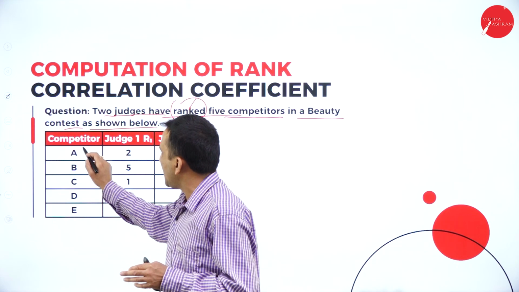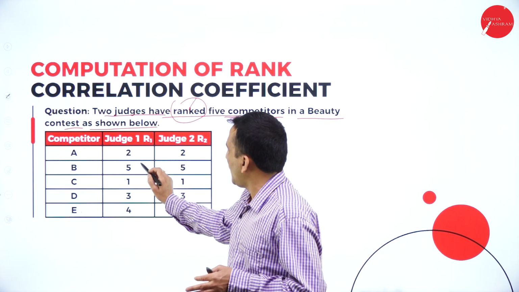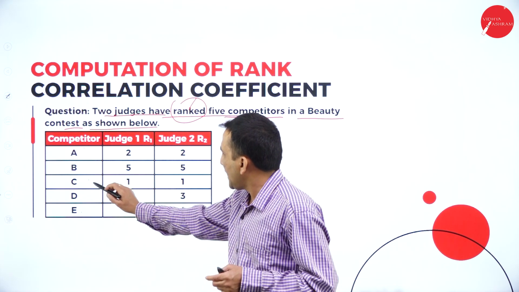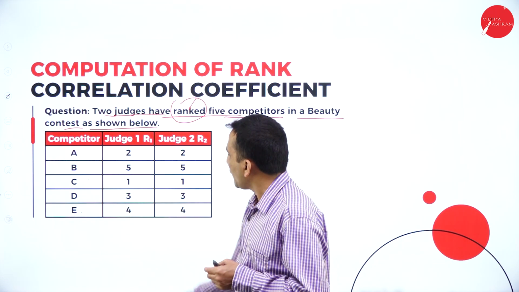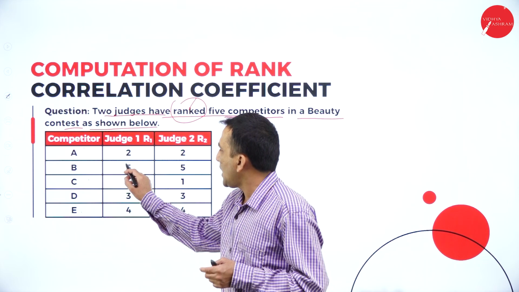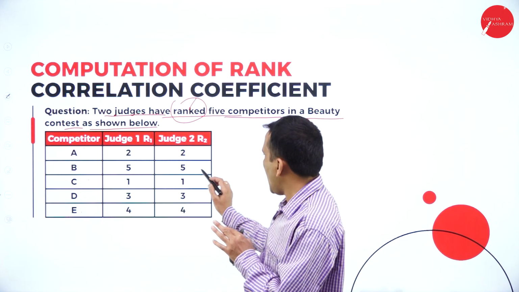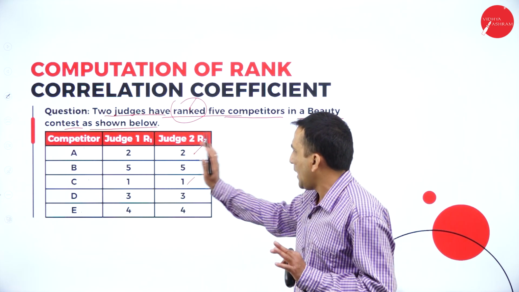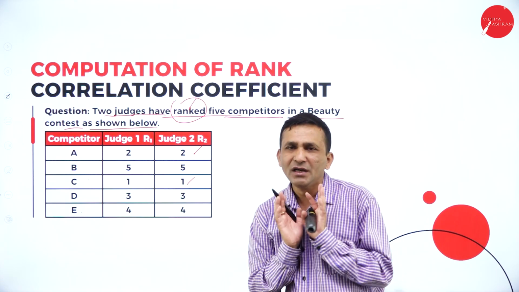So competitors A, B, C to E. Judge 1 gave the first rank to C, second rank to A, third rank to D, fourth rank to E, and last rank to F. Now judge 2 gave the first rank also to C, and the second rank is the same as whatever judge 1 gave.